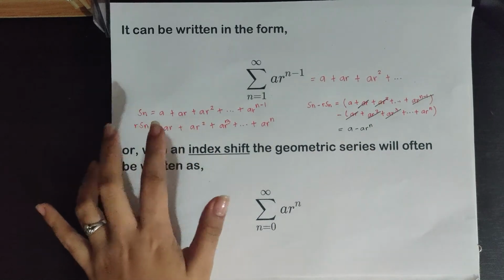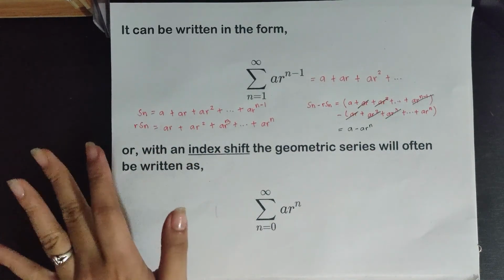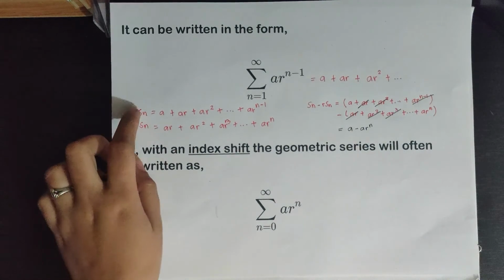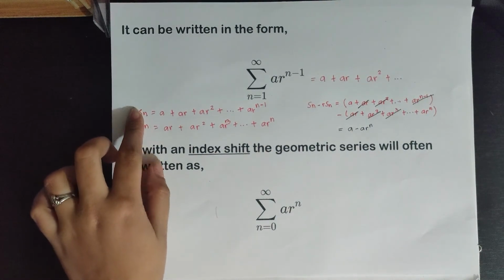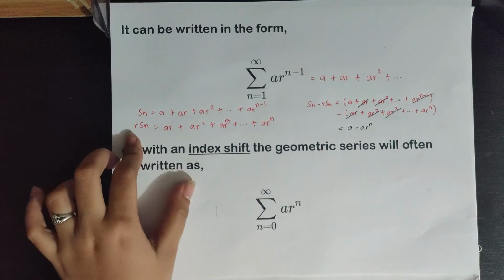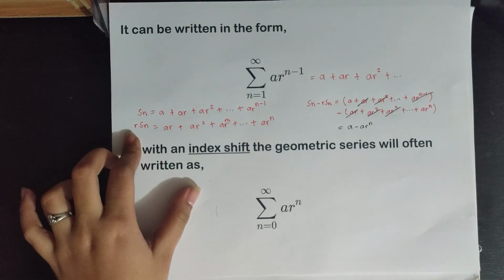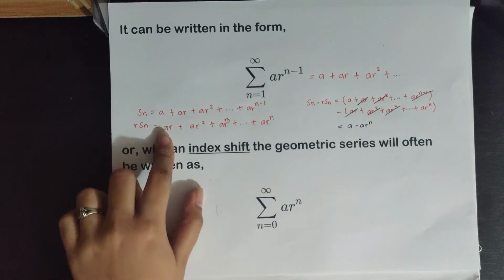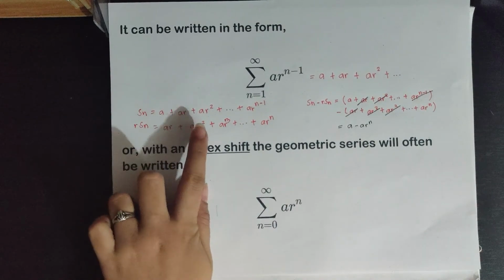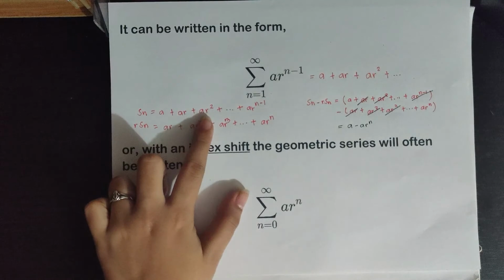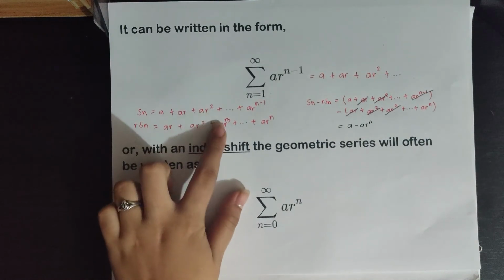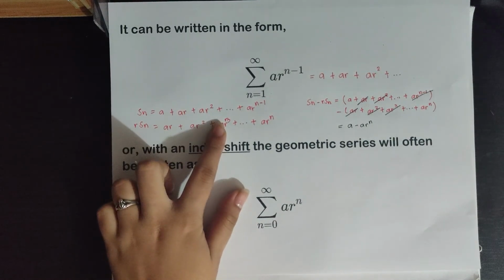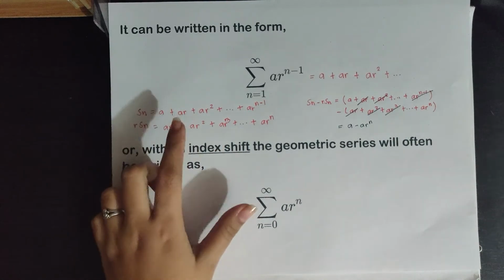To perform a little algebraic trick here, let me take this S sub n and multiply it by r. So r times S sub n: a turns into ar, turns into ar squared, turns into ar cubed, all the way to the final one, which is ar raised to n.